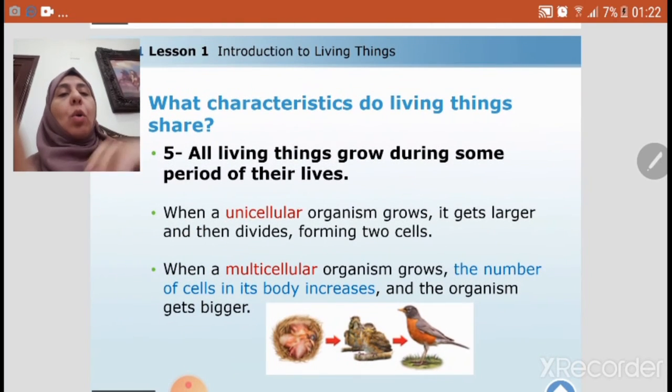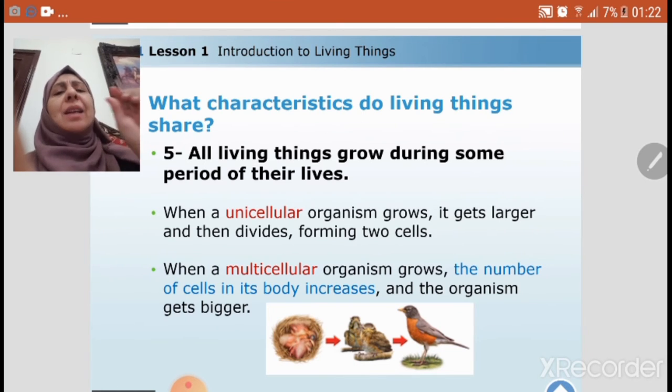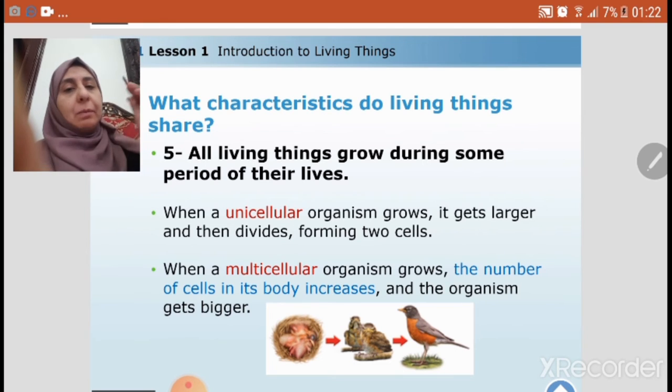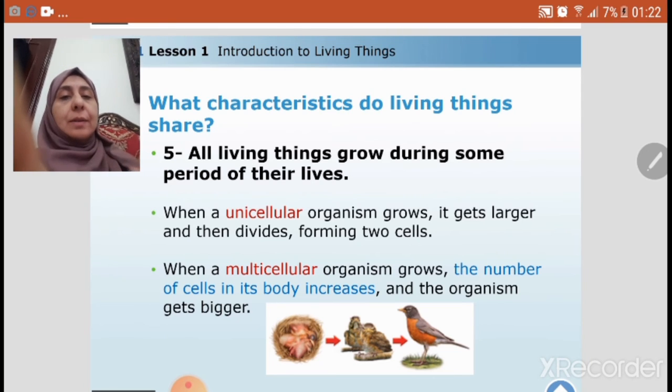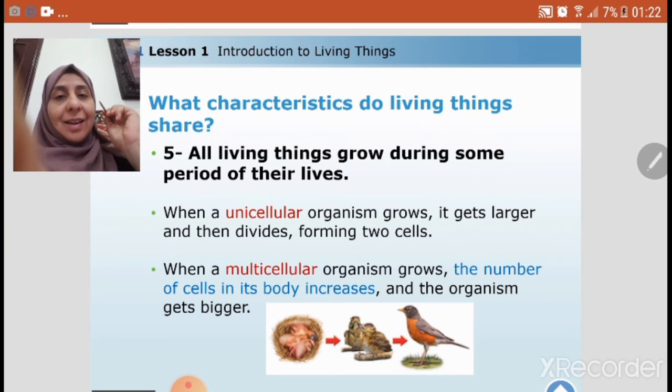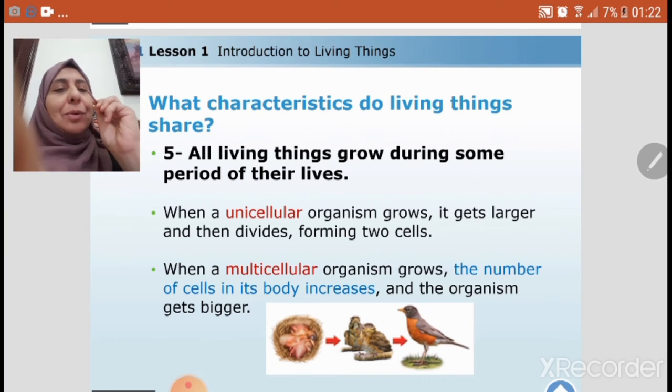We said that all living things grow during some period of their lives, a small period or a bigger period, but they have to grow and change for sure. Your picture when you were a small newborn is different.